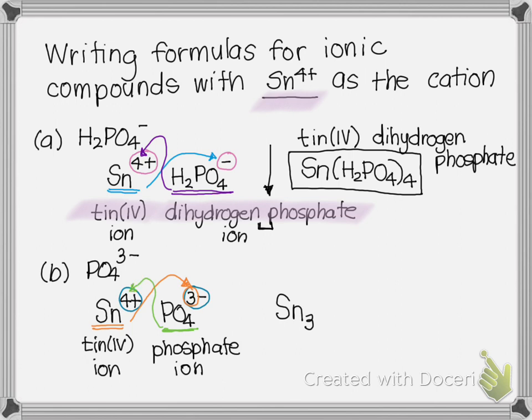And so to balance it, I'm going to need 4 phosphates. So I put a parenthesis because I need more than one polyatomic ion. Write it around the phosphate, and then put a 4 on the outside because I need 4 of those groups. To name it, you just name the ions that are there. So this is going to be called tin(IV) phosphate.